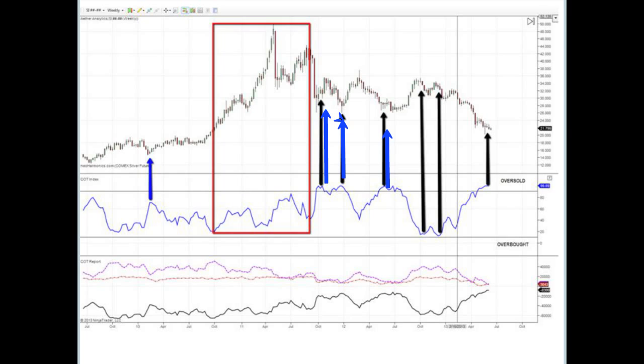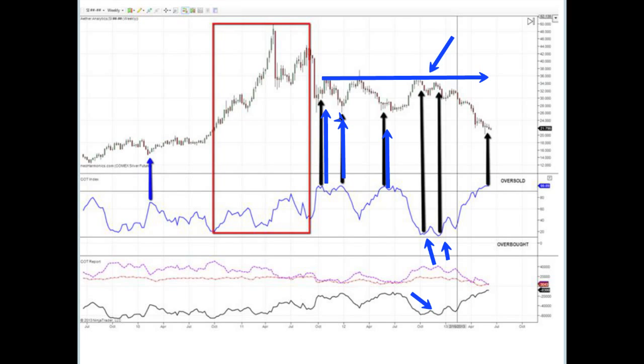So if you're just looking at a chart and you're saying, well, this doesn't look overbought, well, only the COT reports were really telling us that the commercials had shifted quite aggressively their positions, and so this was a good short right here at this 34 level, pushing up against resistance.